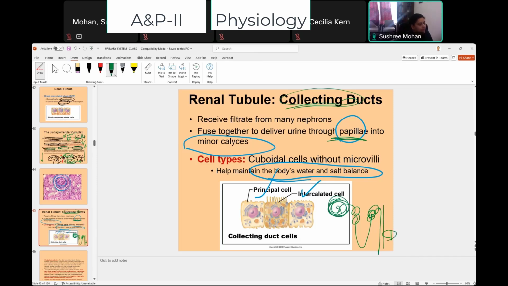And it's going to go into the ureter and urethra and then urine out. So we are talking about the collecting duct. They have cuboidal cells without microvilli. That means no reabsorption is possible because they don't have microvilli.